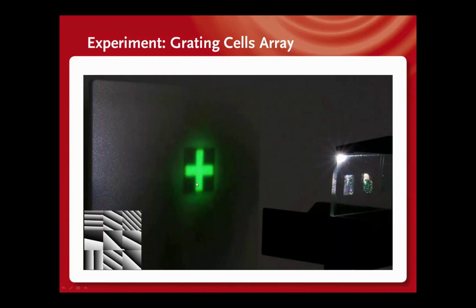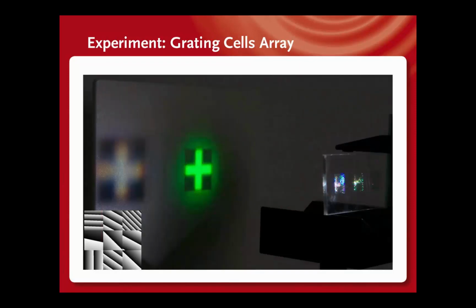In addition, I illuminated this grating cell array also a little bit by white light, and every colored spot that you see here corresponds to the reflection of a single grating cell. These grating cells can be quite large, maybe in the range of several tens or hundreds of microns, so you can see this just with your eye.